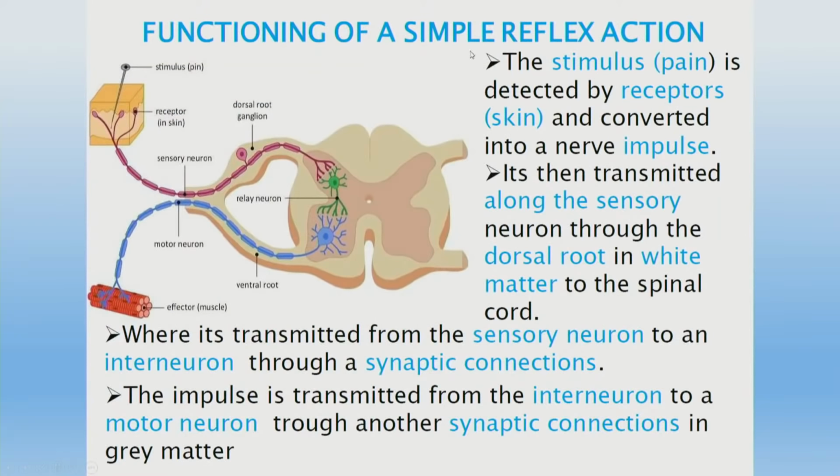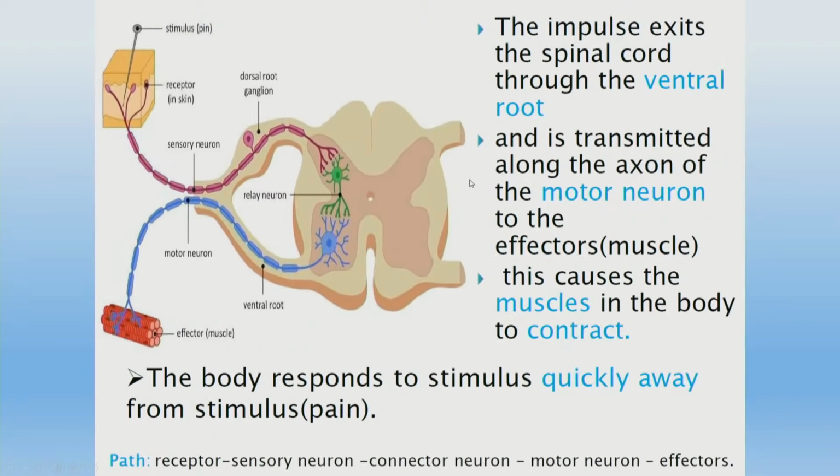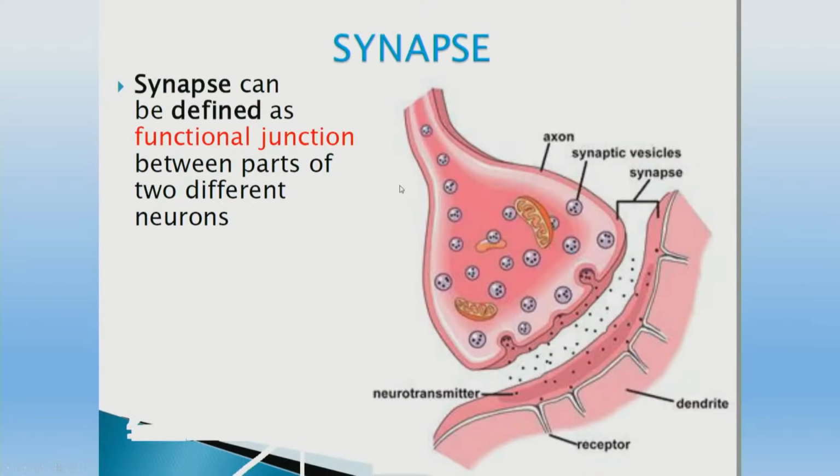Functioning of a simple reflex action, and this is one of the examples. So please just make sure that when you revise this, use any other example that you can think of to explain this. All right, and then another thing which is very important is the synapse. Please remember, what is a synapse? It can be defined as a functional junction between the parts of two different neurons.